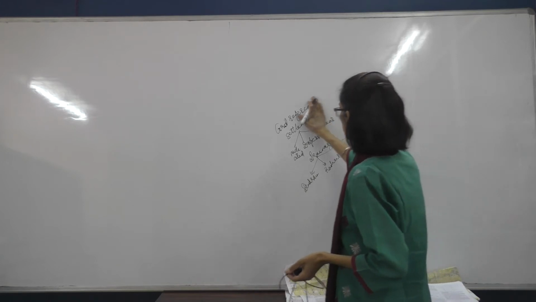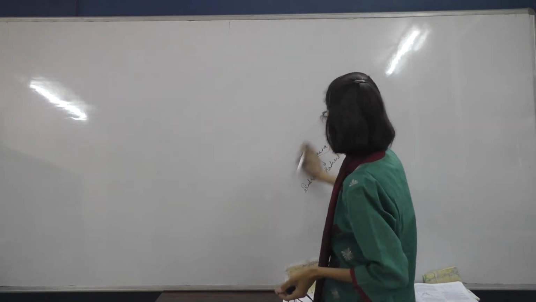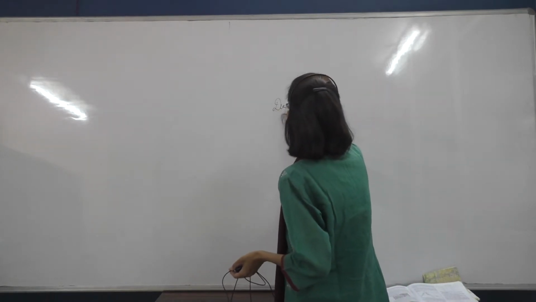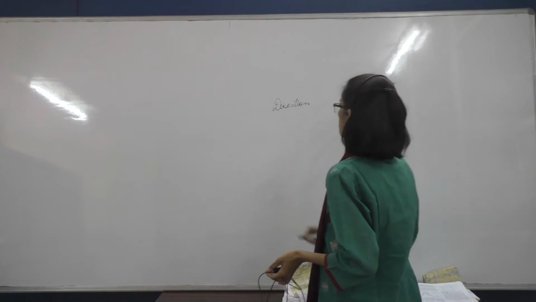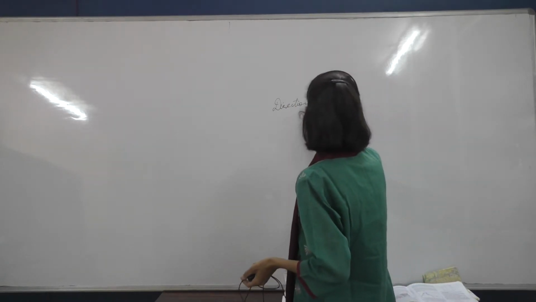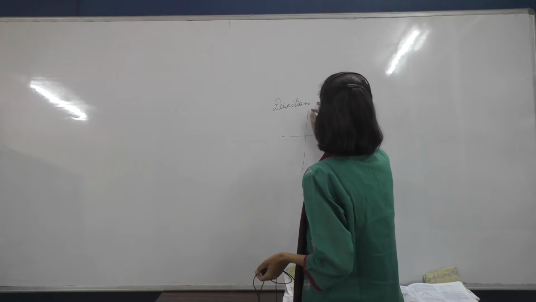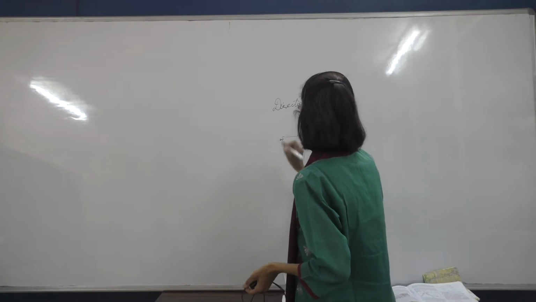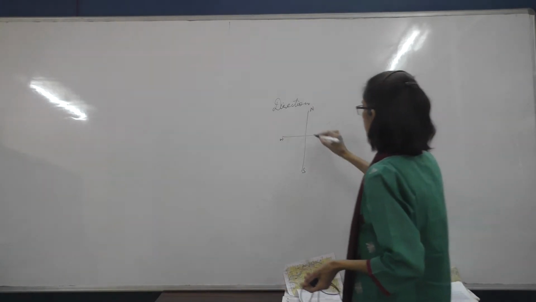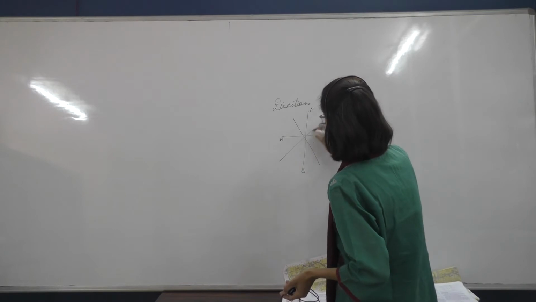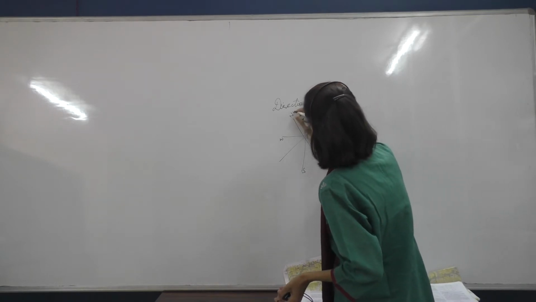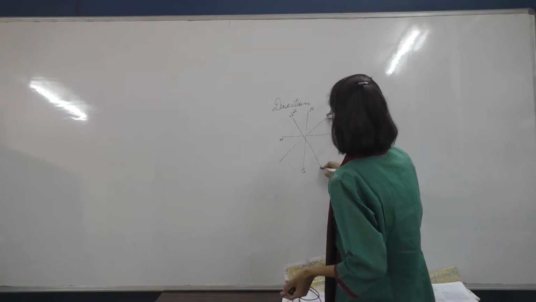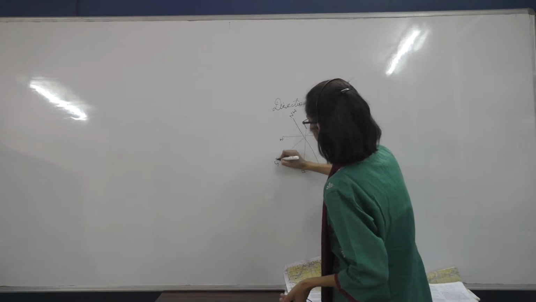Okay, so now we just look into the next aspect of it, that is the direction is our next concept. Now when we speak about direction, we generally consider four cardinal directions, north, south, east and west, but there are, other than this, another four sub cardinal directions, that is northwest, northeast, southeast and southwest.